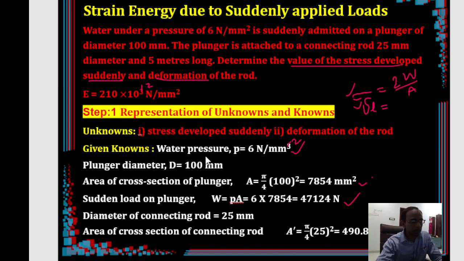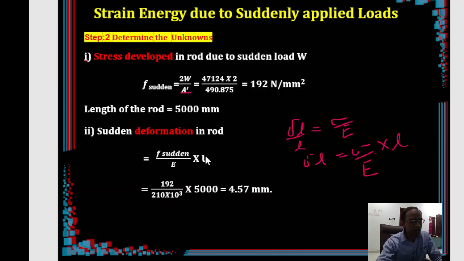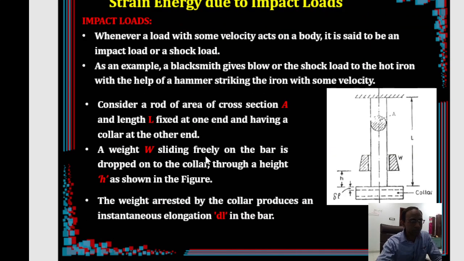Now we are entering into the topic of strain energy development due to the impact load. Fine. So whenever there is a load, now impact. What is impact load? Usually, it was defined that impact load means it falls from a height, right? Like that we'll be saying, when something falls from a greater height, it obviously will have some kind of velocity.